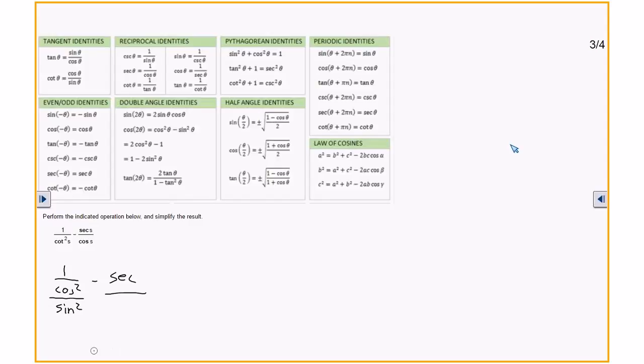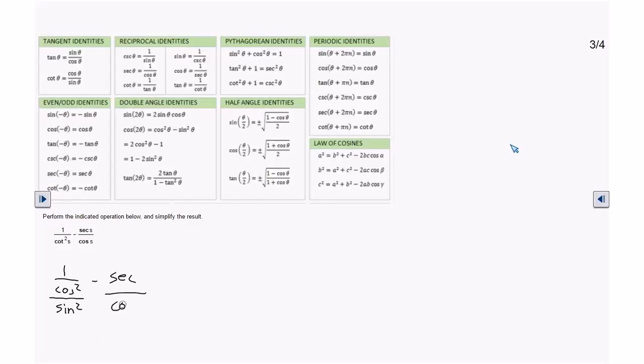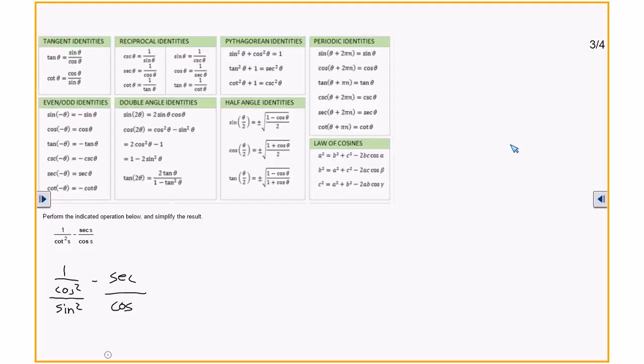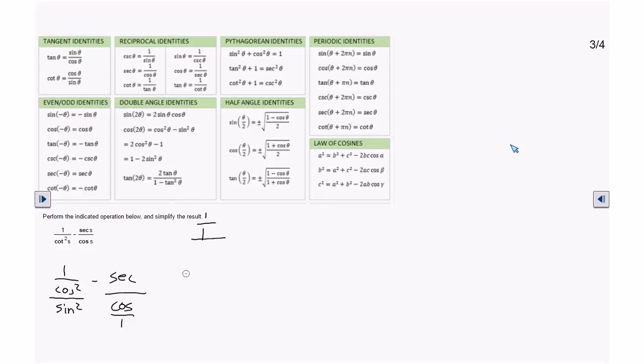Cosine is what? Cosine is 1 over the secant. That's really not going to help us, so I'm just going to leave it as cosine right there. Cosine over 1. Now, write everything as a fraction. 1 over 1 over cosine over sine, minus secant over 1 over cosine over 1.